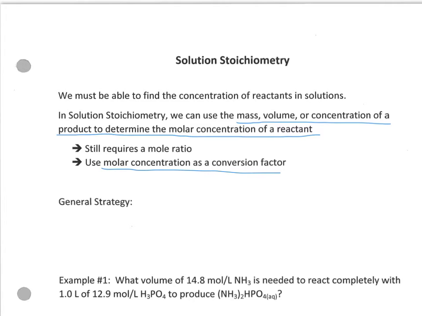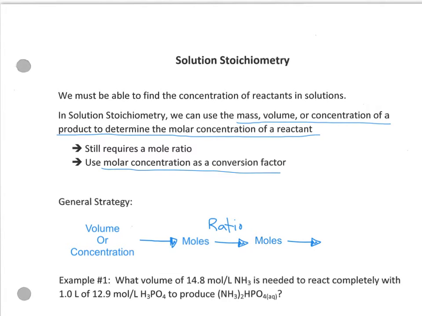So these types of problems have the same general strategy. We start with the volume or concentration, and then we use the other numbers. If we have volume, then we use the concentration to calculate the number of moles. We then use a mole ratio to calculate another amount of moles.